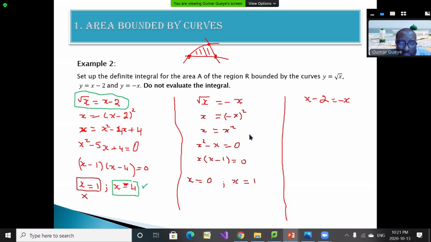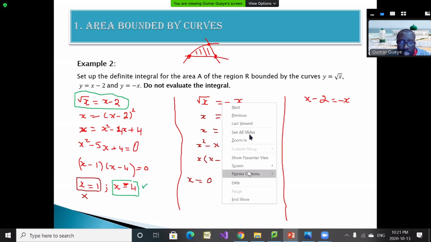This is valid. So it means I can keep 0. And for 1, when I substitute x by 1, you get a contradiction because root of 1 equal to minus 1. So it means we cannot take this one. It's not valid because it does not satisfy this equation. I'm going to take the first solution.